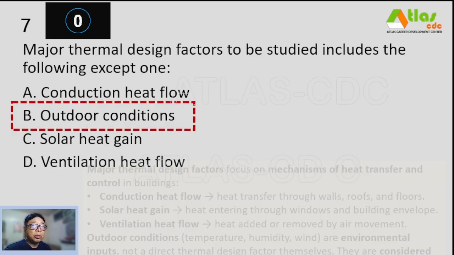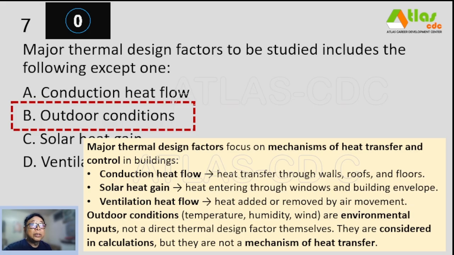Outdoor conditions. So major thermal design factors focus on mechanisms of heat transfer and control in buildings. Conduction heat flow is the heat transfer through walls, roofs, and floors. Solar heat gain is the heat entering through windows and building envelope.